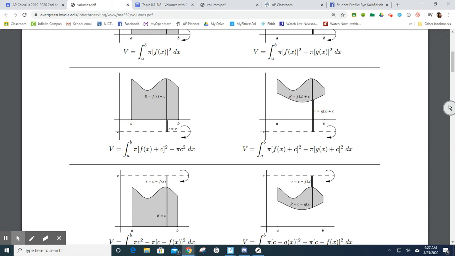If I was just doing this about the x-axis, my capital R would be from here to here, and I would stop. But because we're rotating about something else, we have to account for that extra space. And that's why you're seeing the plus C. So even though there's a -2 right here, I would have a +2 right here and a +2 right there.